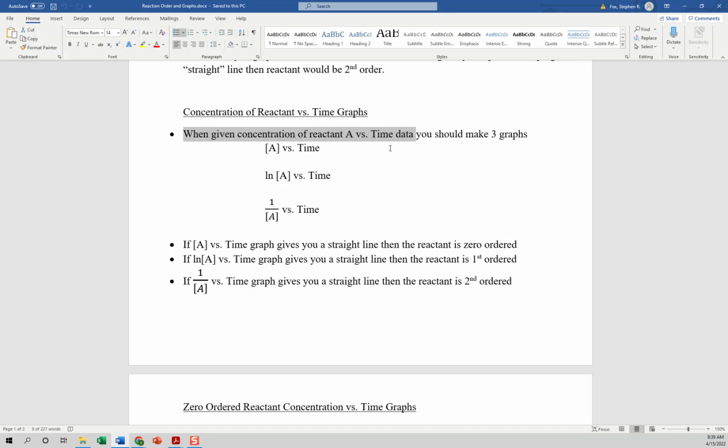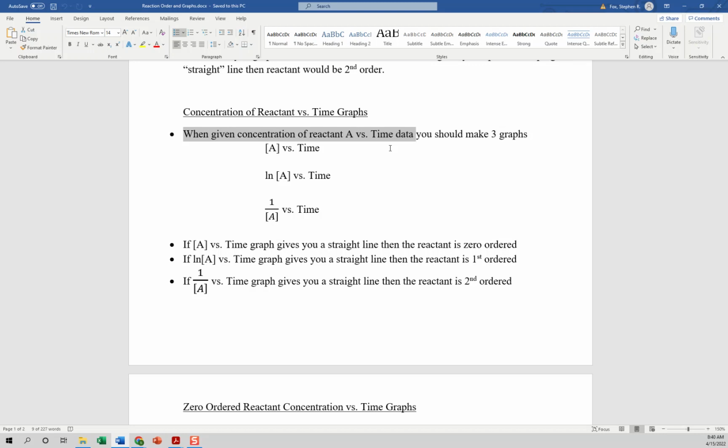But sometimes on the AP exam, you'll be given absorbance versus time data, or partial pressure versus time data. Understand that absorbance is directly proportional to concentration, and partial pressures of gas are also directly proportional to concentrations.